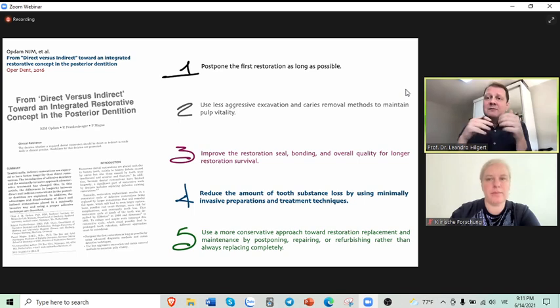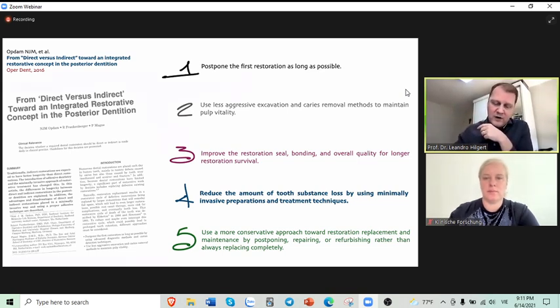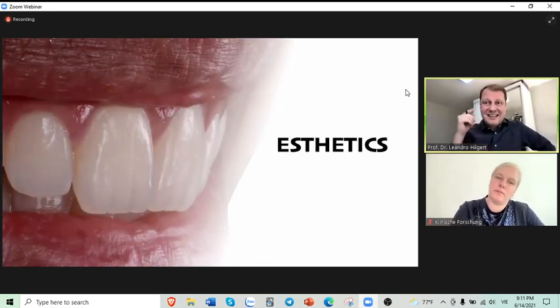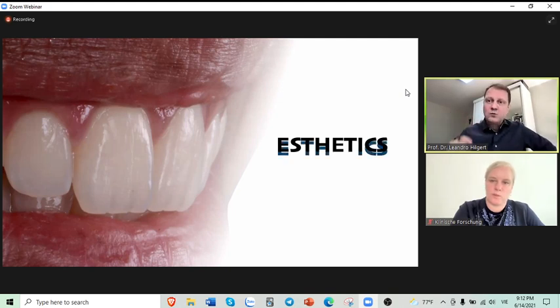Knowing that every time we place restorations or perform a treatment on our patients, we need to think on how to maintain it successfully in the long run. So we're going to talk about esthetics, but we're going to do esthetics thinking about everything that my patient is gaining, and also everything that my patient can lose in terms of tooth longevity if I do not perform something less invasive that has a correct indication, to preserve tooth substance as much as we can.